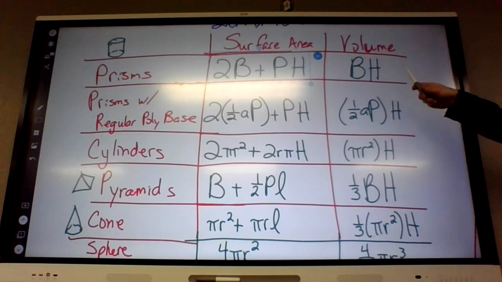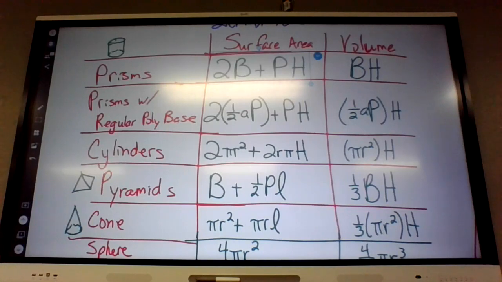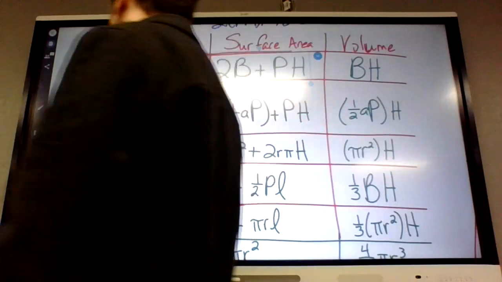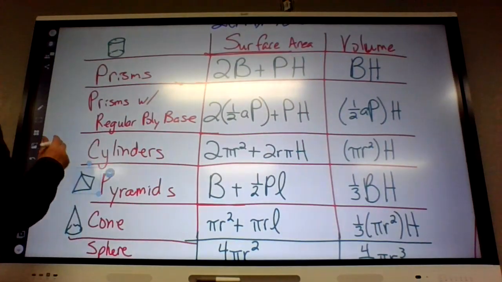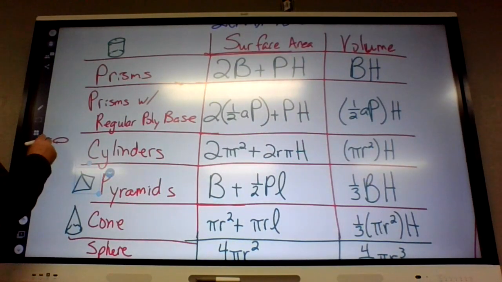Yeah, for the volume of a prism, it's kind of easy. You just do the area of the base times the height of the prism, depending on what the base is. What's a cylinder? Like a can or something. Basically it's a prism, but it has circular bases instead of polygon bases.